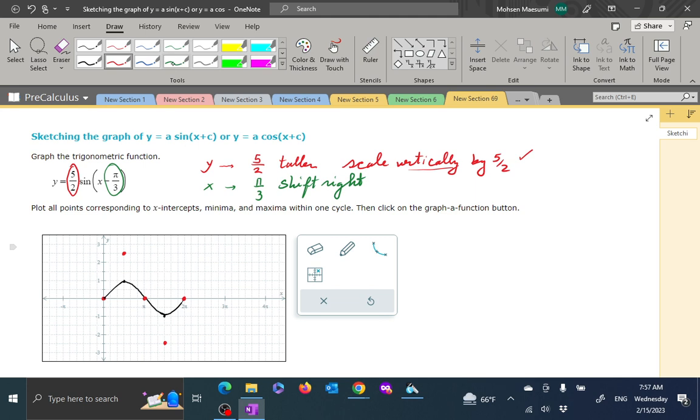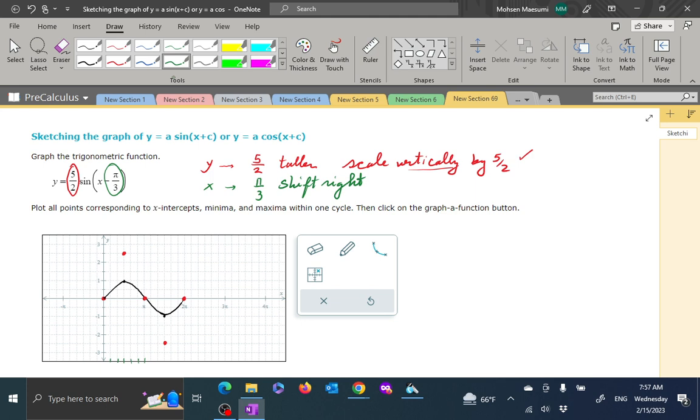Next, we are going to handle the issue of moving to the right by pi third. Again, the software is being very friendly. It has taken this picture from 0 to pi. You see that it has divided it into 6. Let's count it: 1, 2, 3, 4, 5, 6.